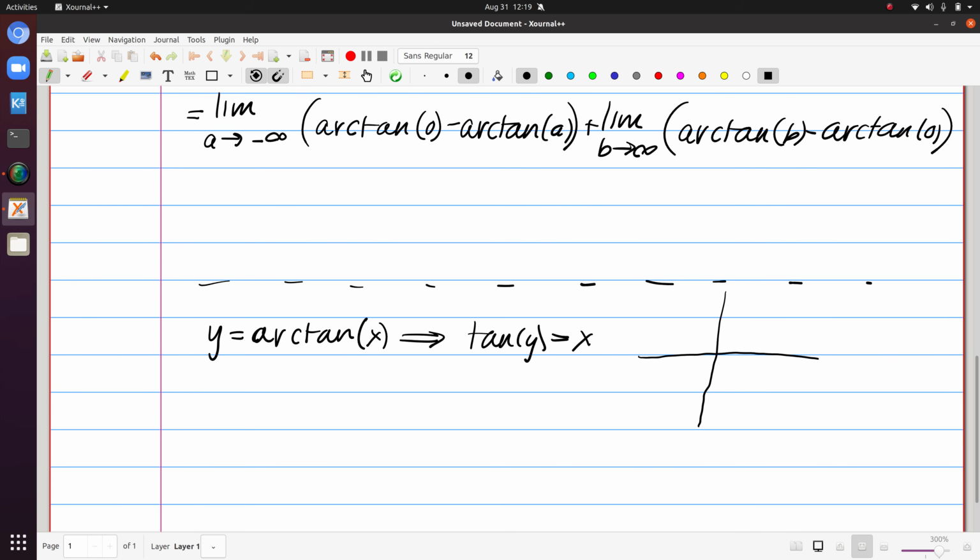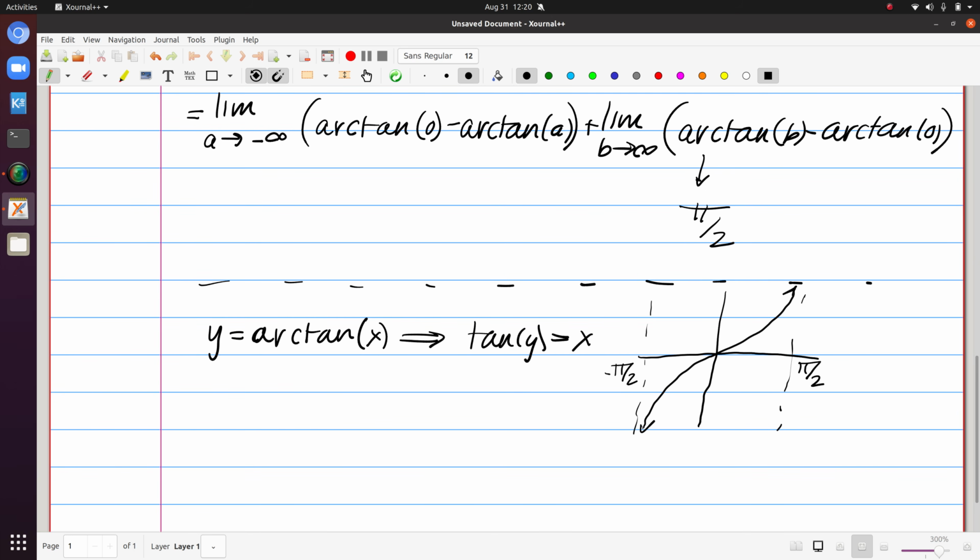So if you envision the graph of tangent, remember that it has asymptotes at plus or minus pi over 2. So for this part here, as I look at the arctangent of b as b goes to infinity, what I want to look at on the graph of tangent is, as the y value approaches infinity, what is the x value approaching? And what we see there is it's positive pi over 2.